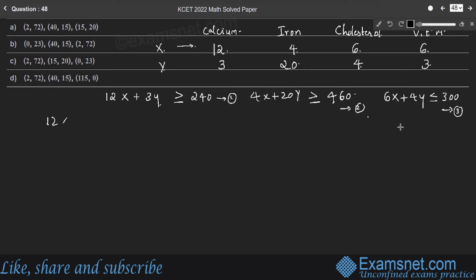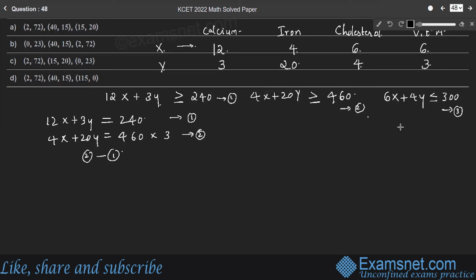So 12x plus 3y is greater than or equal to 240. For our convenience, we'll consider equal to 240. And 4x plus 20y is equal to 460. We'll multiply equation 2 by 3, so you get the same coefficient of x, which is 12. Now, equation 2 minus 1. 12x minus 12x gets cancelled.